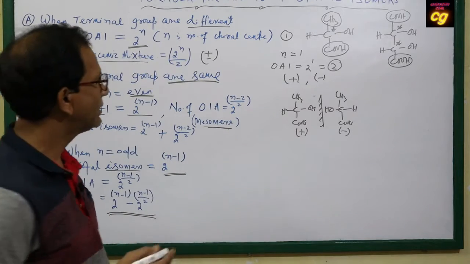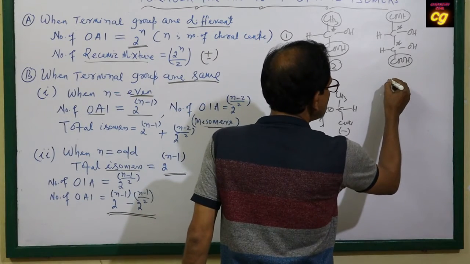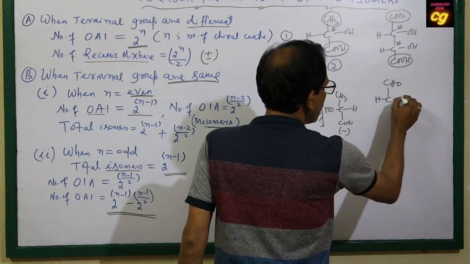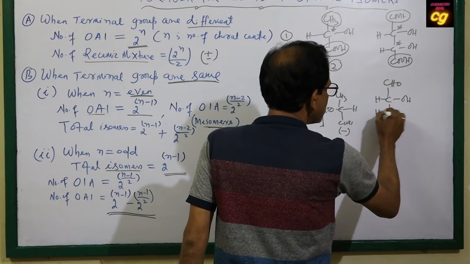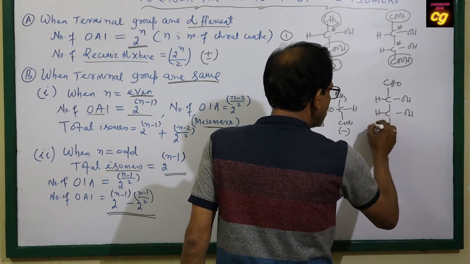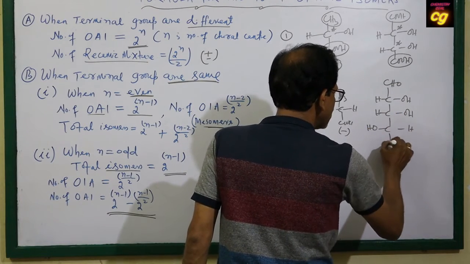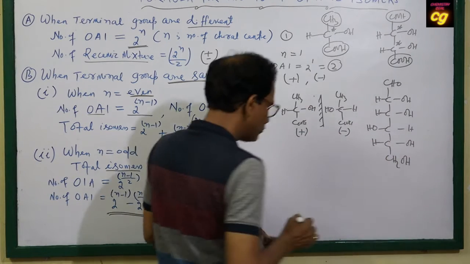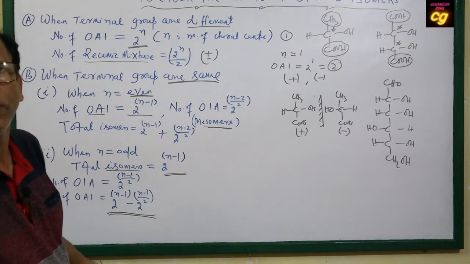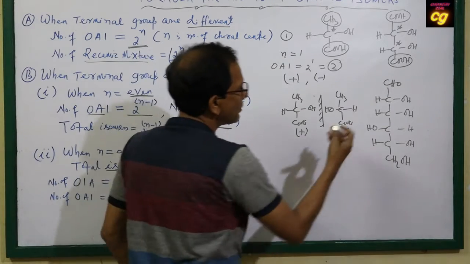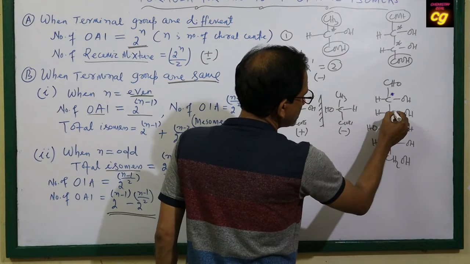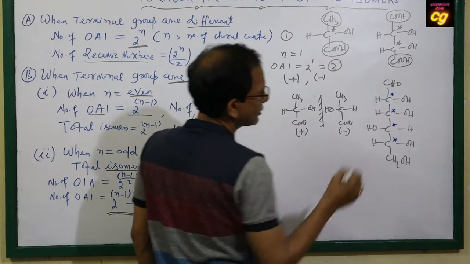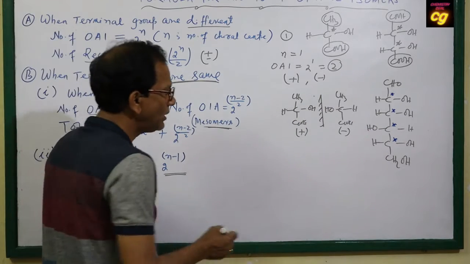For example, we can take the glucose molecule. Glucose is CHO, CHOH, CHOH, CHOH, CHOH, CH2OH. You see how many chiral centers there are? This is one chiral center, this is one, this is one, this is one. So the n value will be 4.